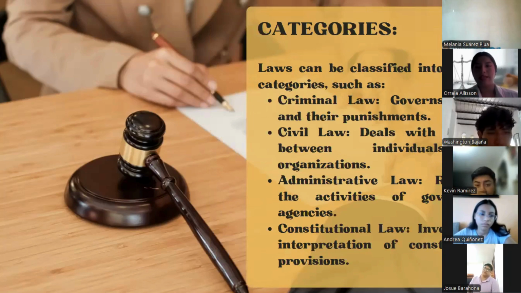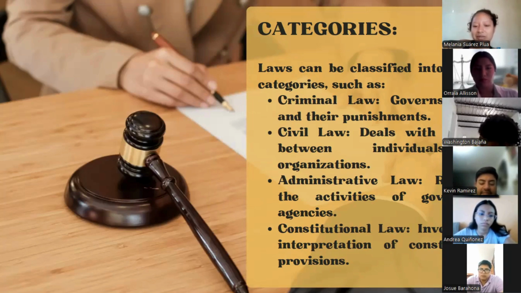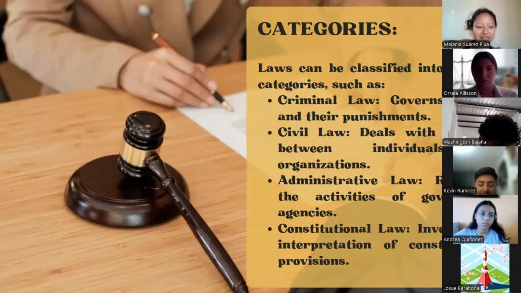Okay, now categories. Melania, please, can you help me with the lecture? Okay, categories. Laws can be classified into various categories: criminal law governs crimes and their punishment; civil law deals with disputes between individuals or organizations; administrative law regulates the activities of government agencies; and the last one, constitutional law, involves the interpretation of constitutional provisions.